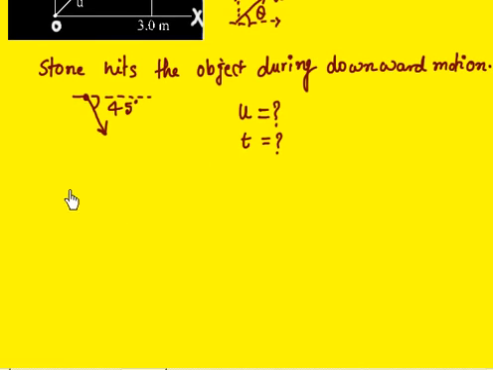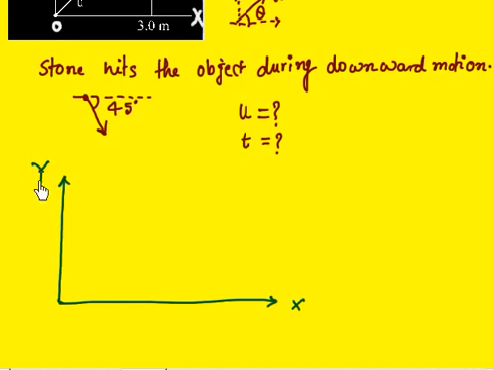Let us say this is my y-axis and this is my x-axis. The path of the stone will go something like this. It will follow a parabola. Now it hits during the downward motion.